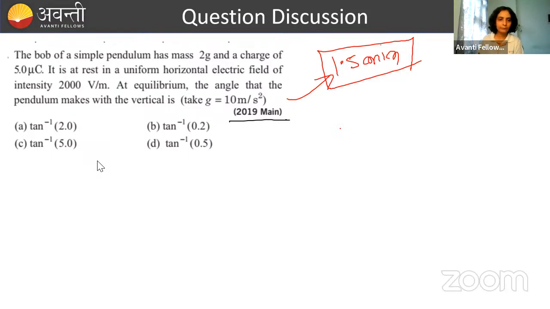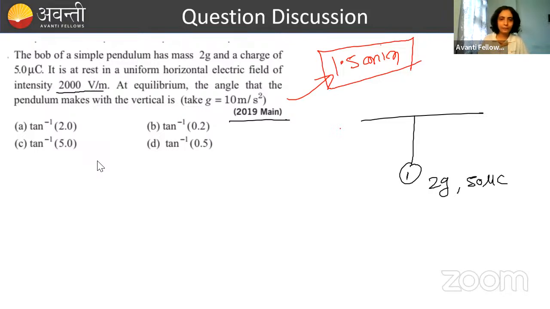Kolhapur, yes. So what the question is, there is a bob of a simple pendulum with mass 2 gram. It has a charge of 50 microcoulomb. There is also an electric field of intensity 2000 volt per meter.